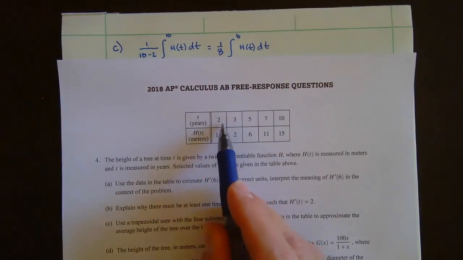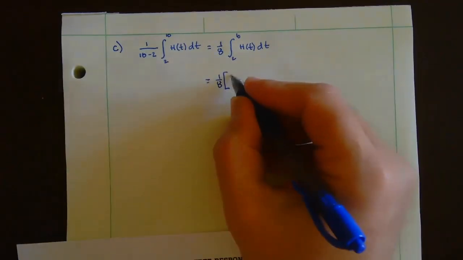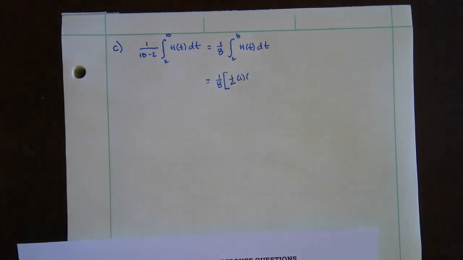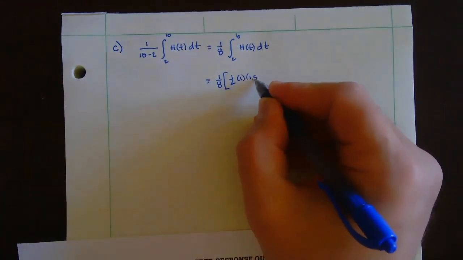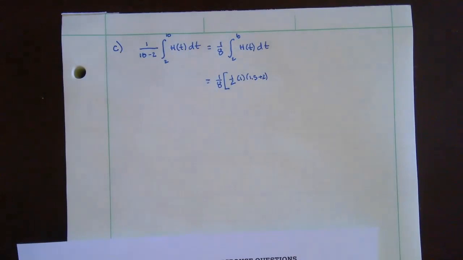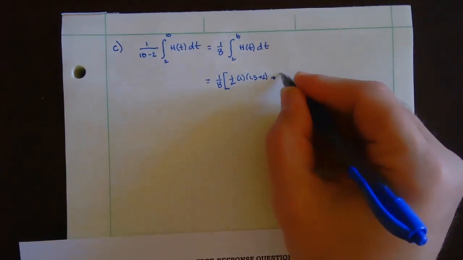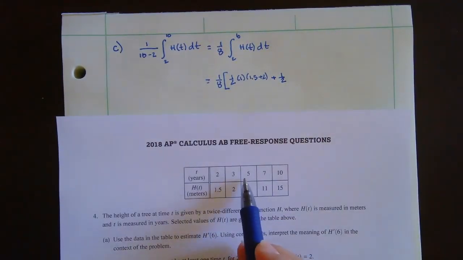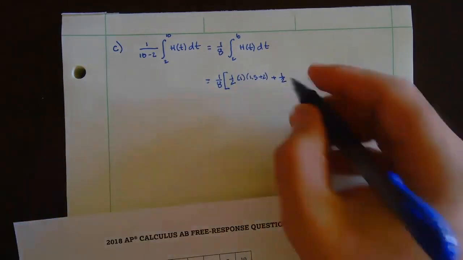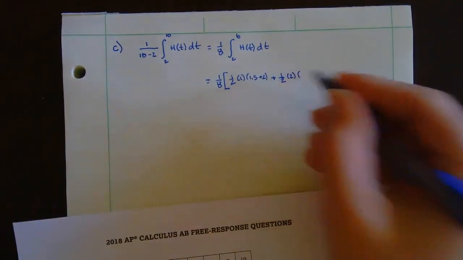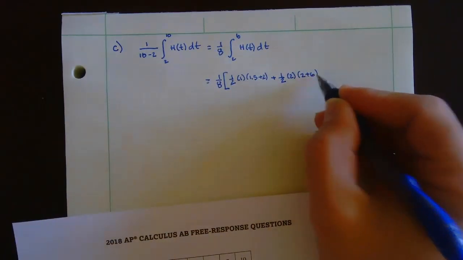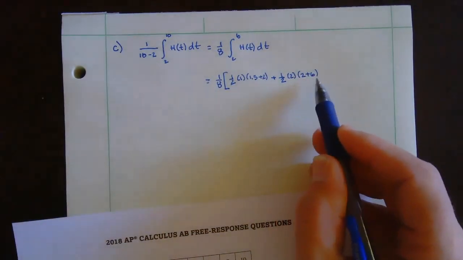So this would be 1/2 times 1 times (1.5 + 2). That's my first subinterval, and they said to make 4. Then plus the next trapezoid: 1/2, and the height between 3 and 5 is 2, so 1/2 times 2 times (2 + 6), because those are my two parallel bases, 2 and 6.